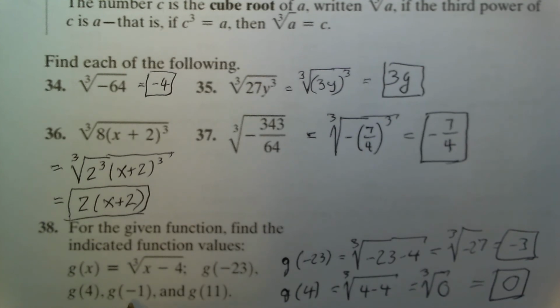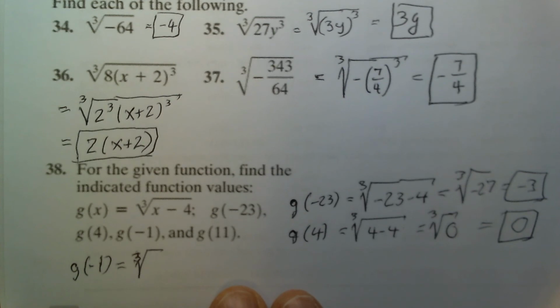And g of minus 1: replace x with minus 1. So we have the third root of minus 1 minus 4, and that would be the third root of negative 5.